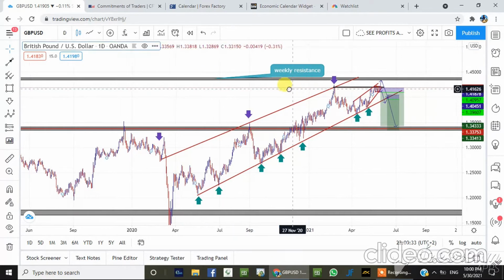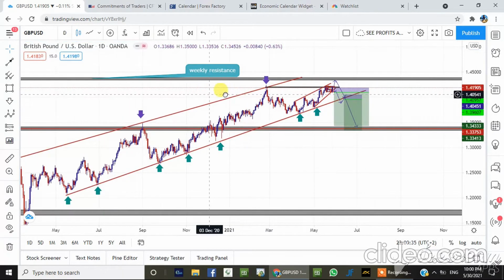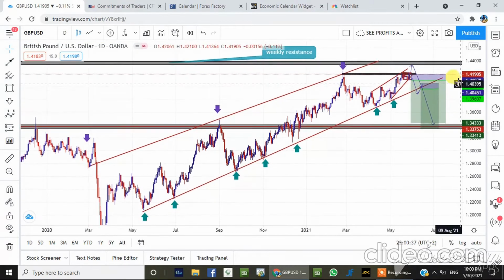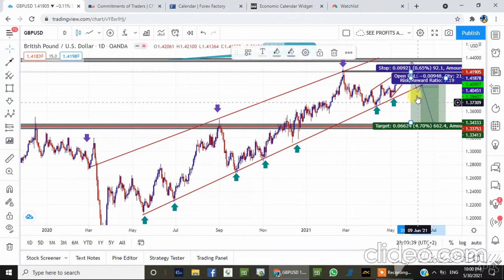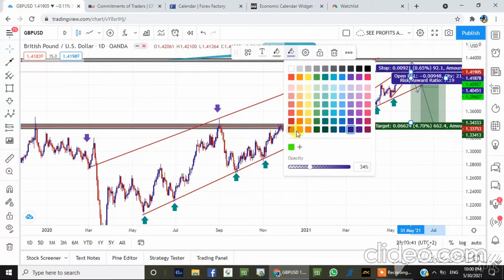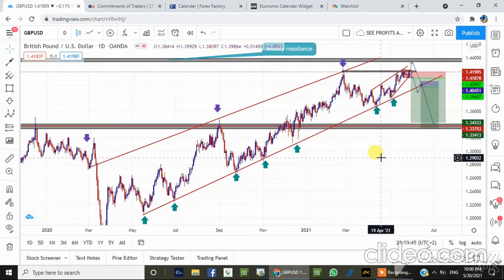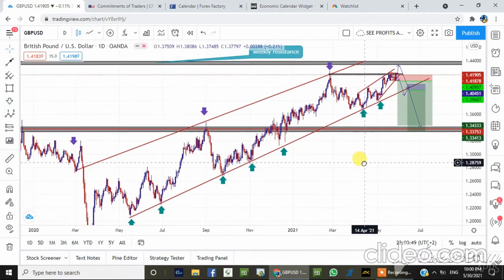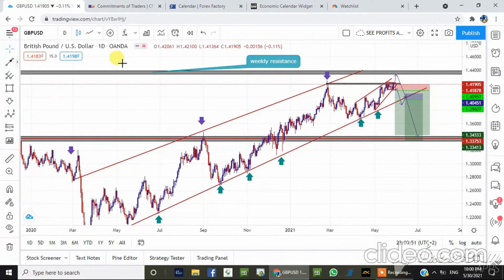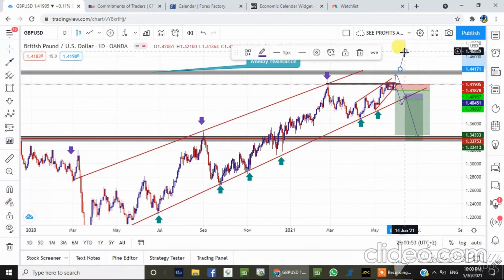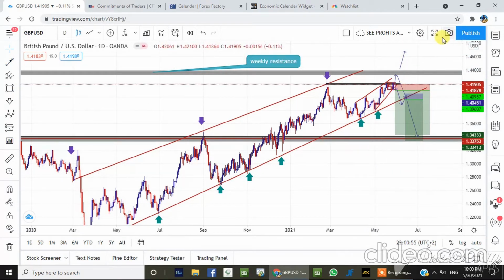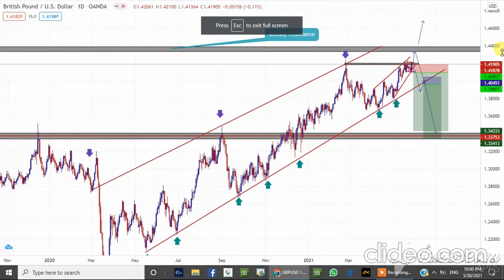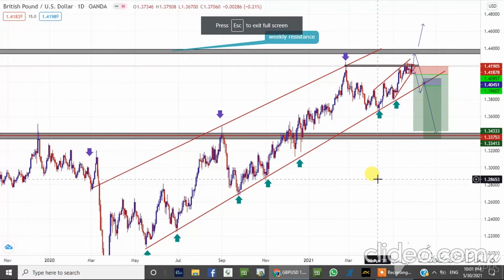Okay, let's do it like this. GBPUSD, we may only enter buys if the market reaches this point. So now let me screenshot it for them.